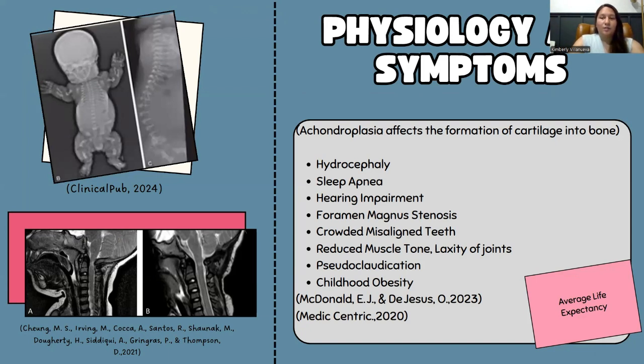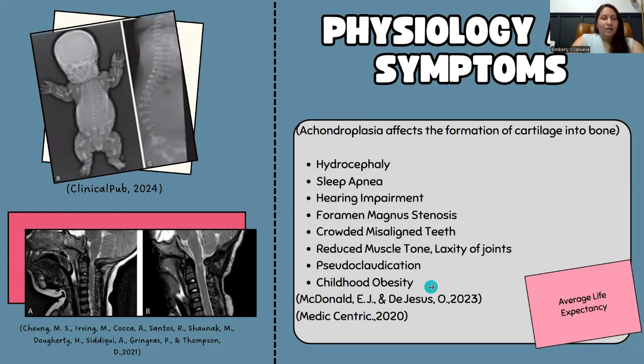Achondroplasia affects the formation of cartilage into bone, which is why it causes the following symptoms: hydrocephalus, which is water in the brain, sleep apnea, hearing impairment, foraminal stenosis, crowded misaligned teeth, reduced muscle tone, and laxity of the joints, which is hyperflexibility of those joints, pseudoclaudication, childhood obesity, and on average, someone with an achondroplasia diagnosis has an average life expectancy.